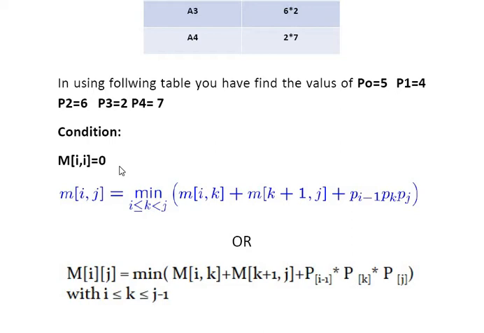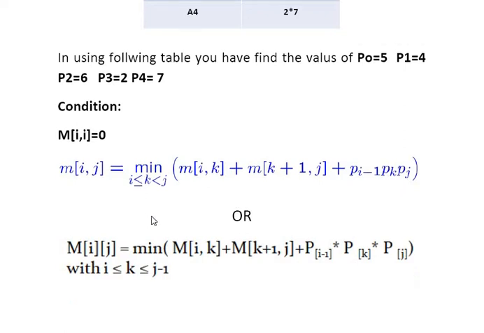The next condition of the matrix chain is m of i j equal to minimum over i less than or equal to k less than j of m of i k plus m of k plus 1 comma j plus p of i minus 1 multiplied by p of k multiplied by p of j.